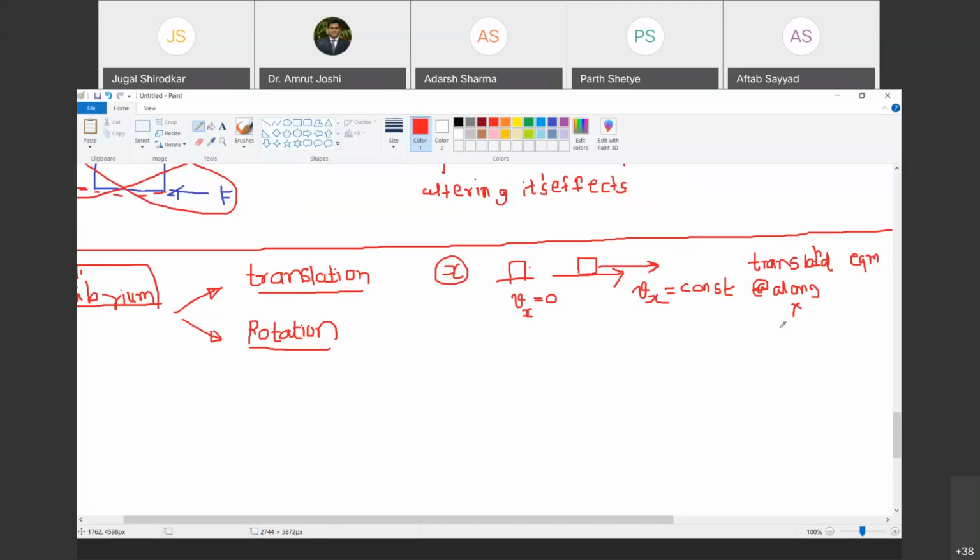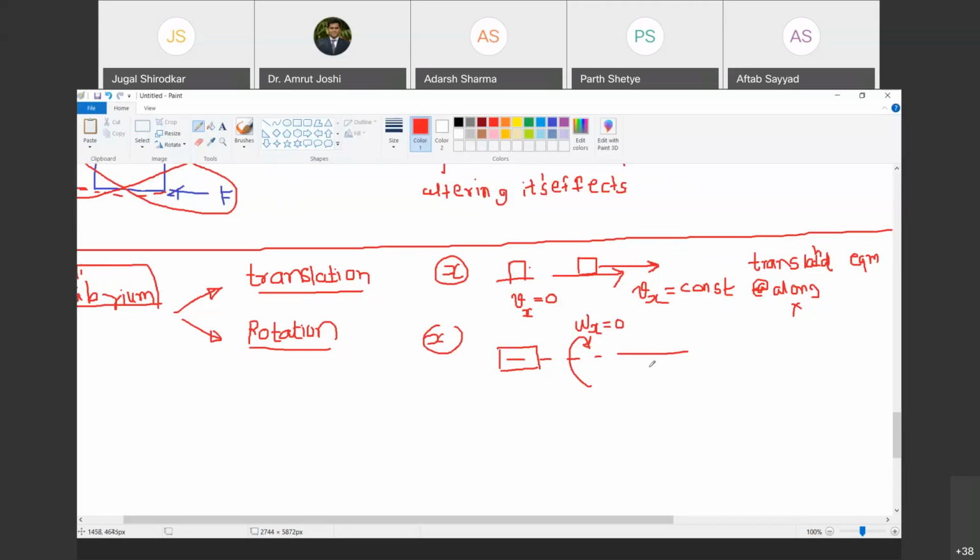Yes sir. Now what about rotational equilibrium about x axis? Let us say the body under consideration is not rotating about x-axis. Therefore, angular speed about x-axis is 0. Are you with me? Yes sir.